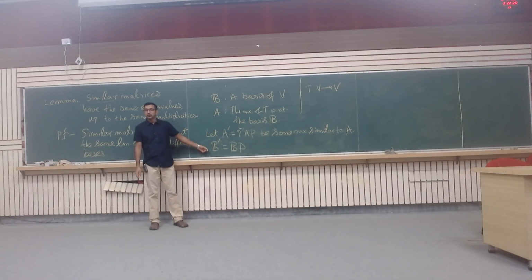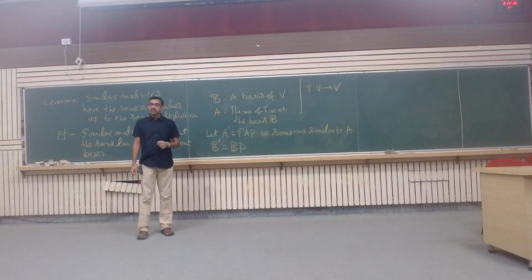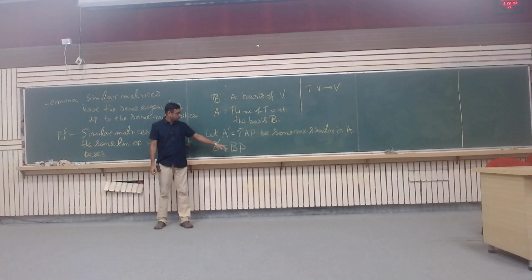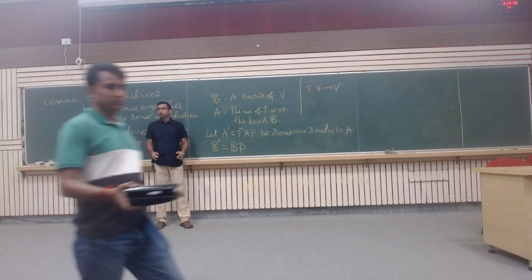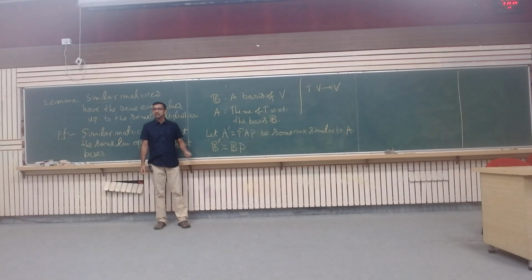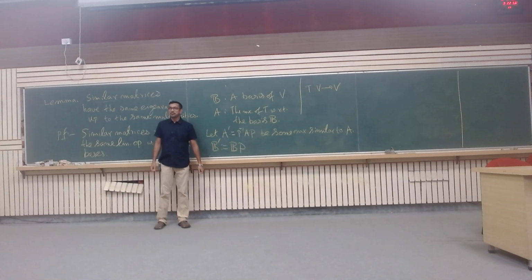Why is this going to be another basis of V? Yeah? P is the change of basis matrix, but still, suppose n is the dimension, then you are getting n linear combinations of the basis vectors, right? Why is this going to span V, or why is this going to be linearly independent? What is the logic? P is invertible, wonderful, yes.